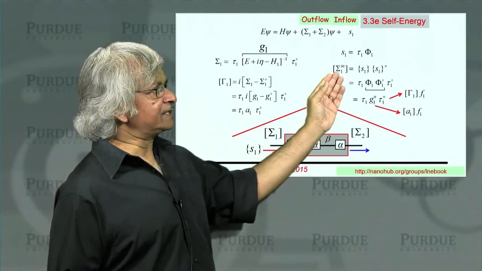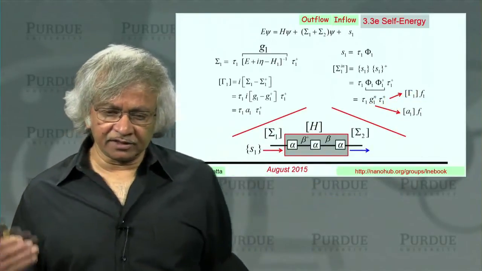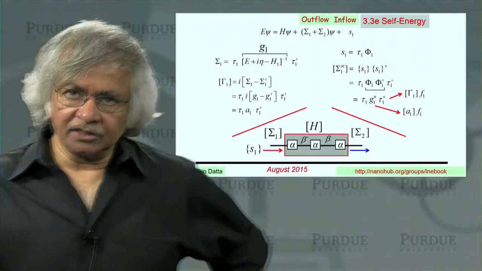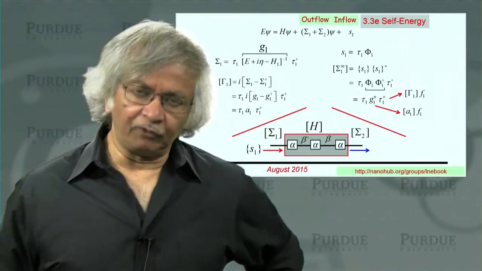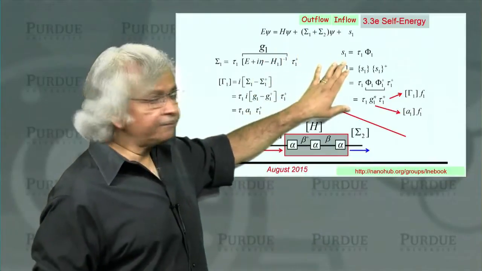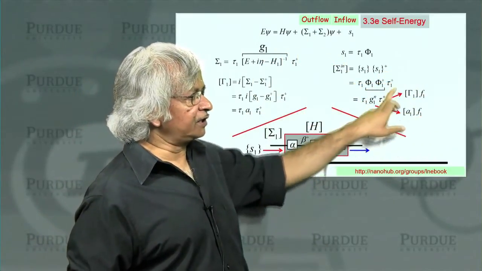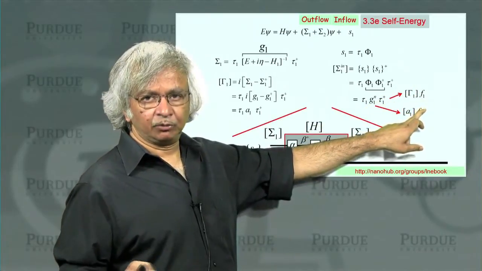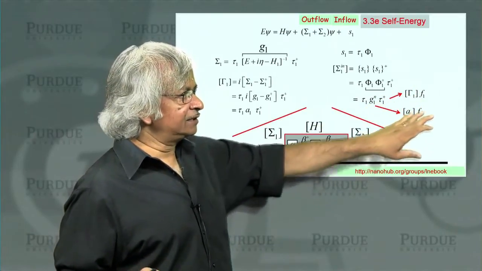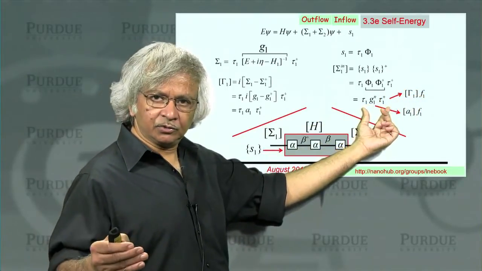And so you get sigma in is gamma times F. And this is the general result for contacts in equilibrium that we have mentioned before in Unit 2. And here it comes out naturally. But the point to remember is this part of it is only true if the contact is in equilibrium. If it's not, then this isn't true, but this expression you could still use.